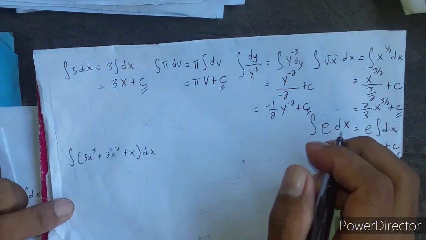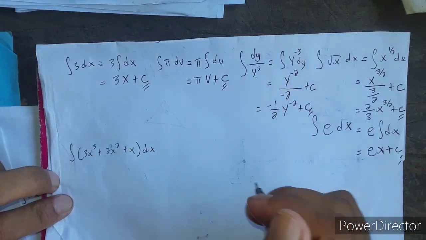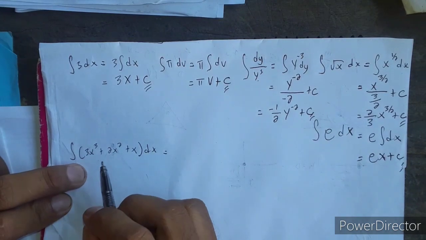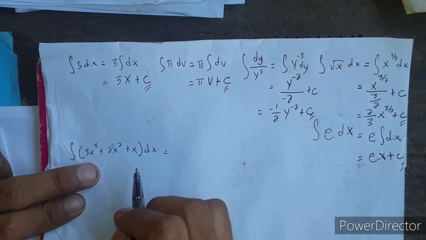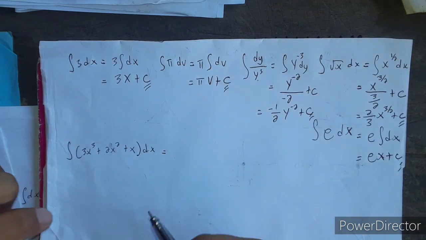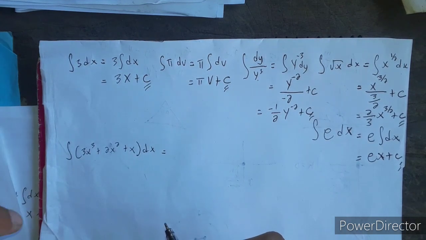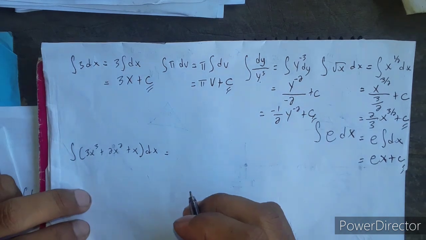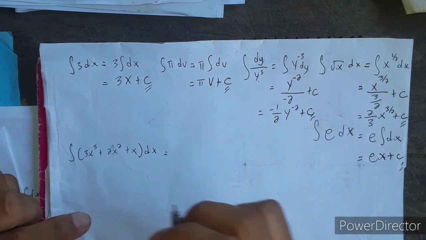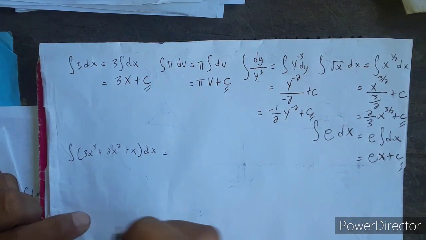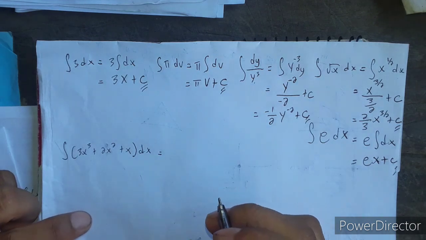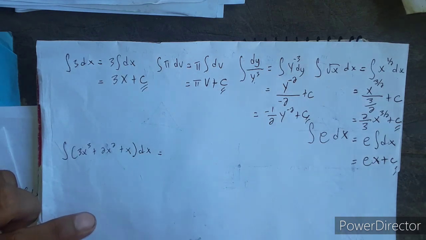So last, we have our final example. We're asked to find the integral of 3x cubed plus 2x squared plus x dx. What we're going to do with this function is distribute the integral over each term and apply the power formula of integration.